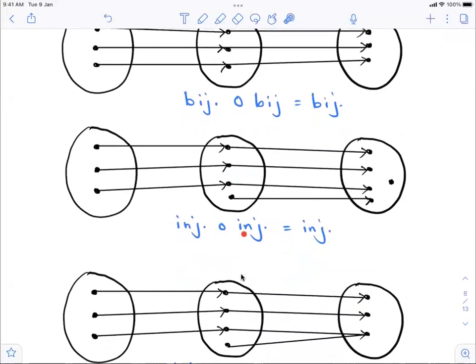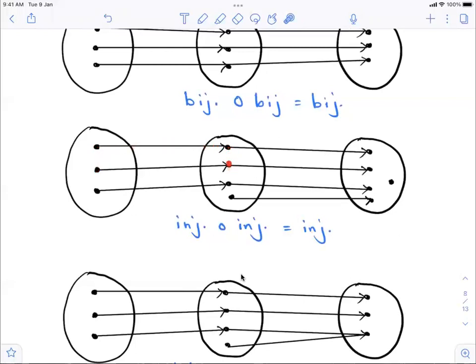So composition of two injectives has to be an injective. Why is that? Two distinct inputs here will have two distinct outputs in the intermediate set Y, because the first map is injective.